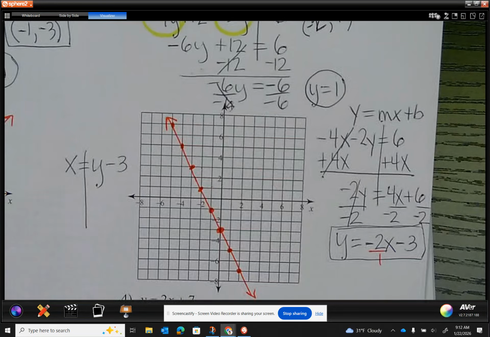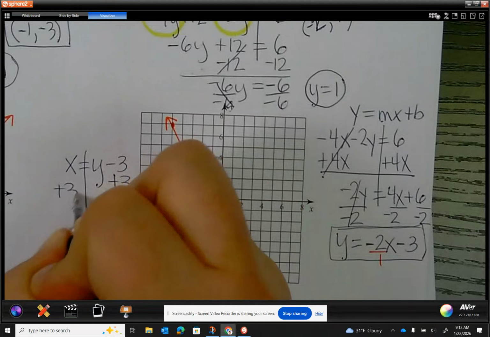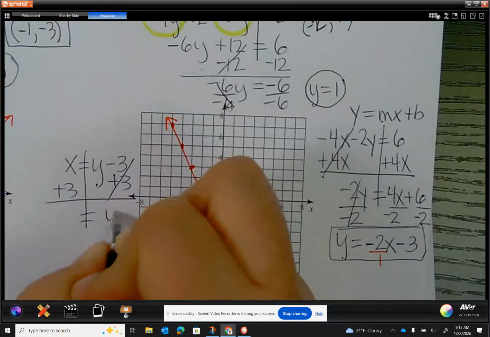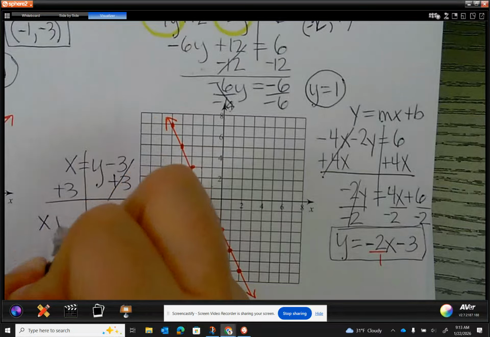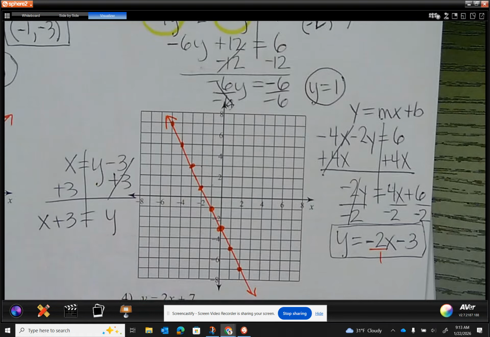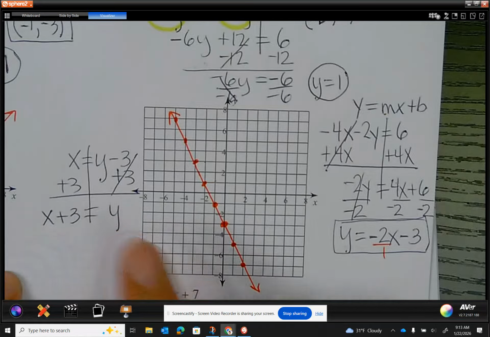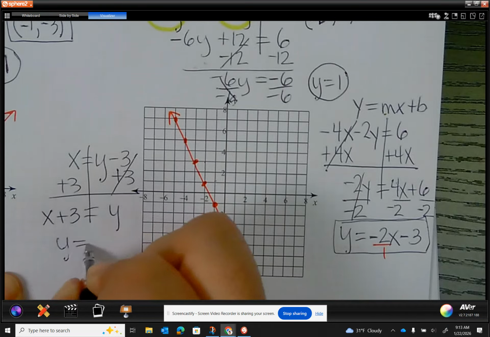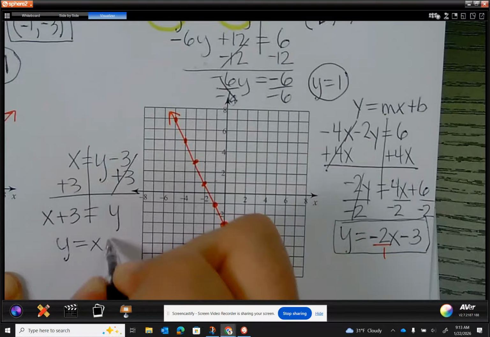How do I move that negative 3? And because these are not like terms, I'm just going to have x plus 3. That might not look like y equals mx plus b, but it is. So since I already have the y isolated, this is the same thing as if I have y is equal to, I'm going to put this on this side and this on this side.